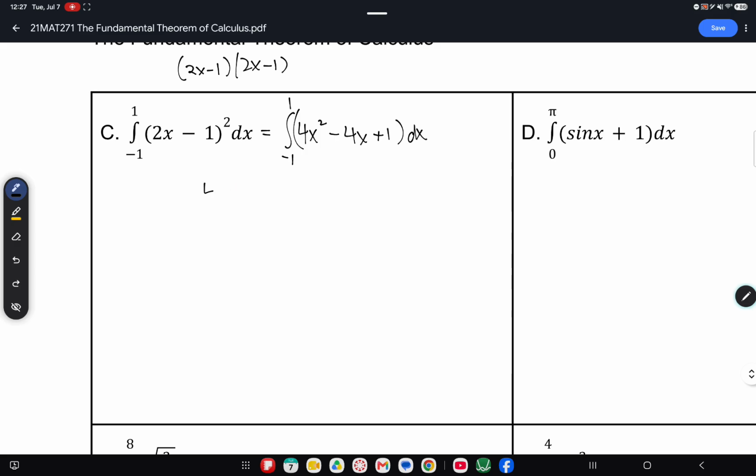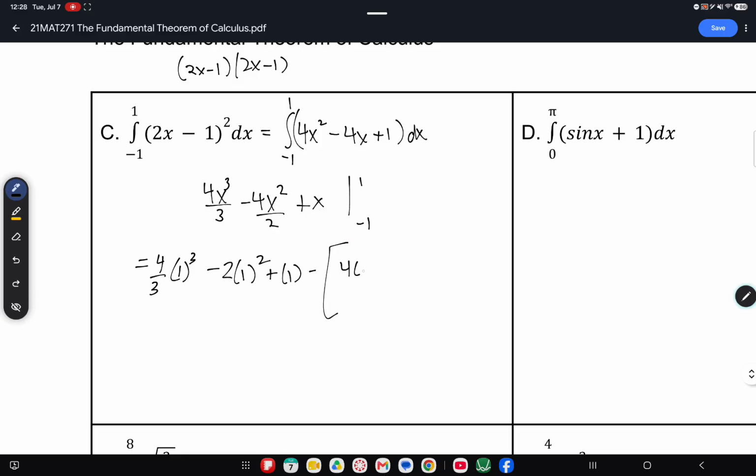So I have 4x cubed over 3 minus 4x squared over 2, and then plus x. And then I'm going to evaluate it from negative 1 to 1. And let's substitute in. I'll simplify as I go along. So 1 cubed minus this becomes 2 times x squared, plus x.